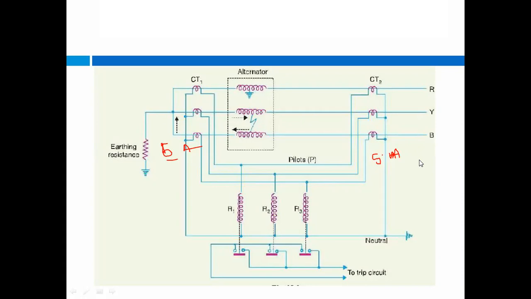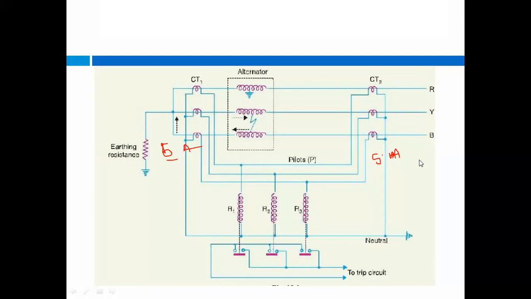If we are using the transformer, step up and step down transformer, the turns ratio will be there. So for the CTs, it will be different, because there is a turns ratio of the transformer also.